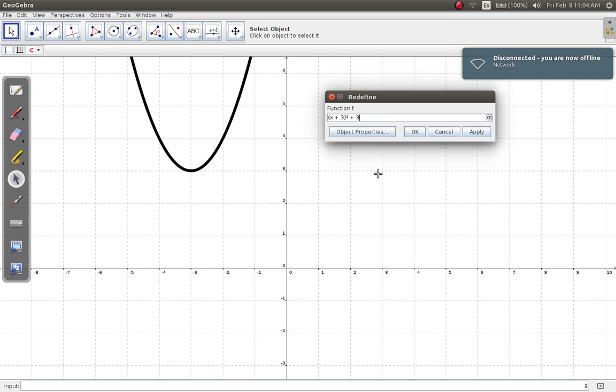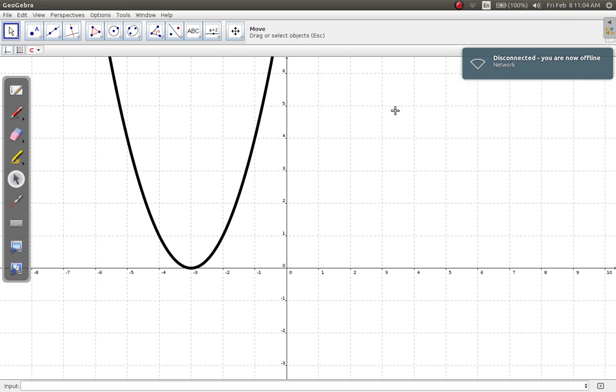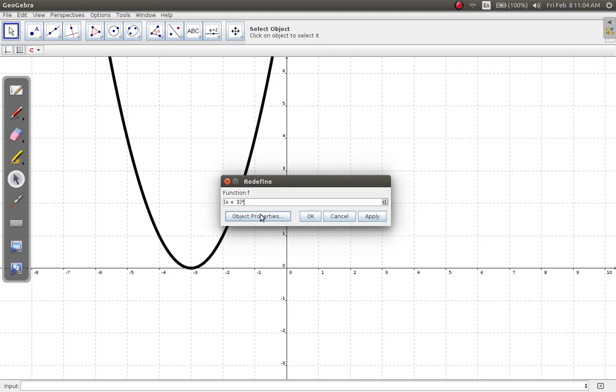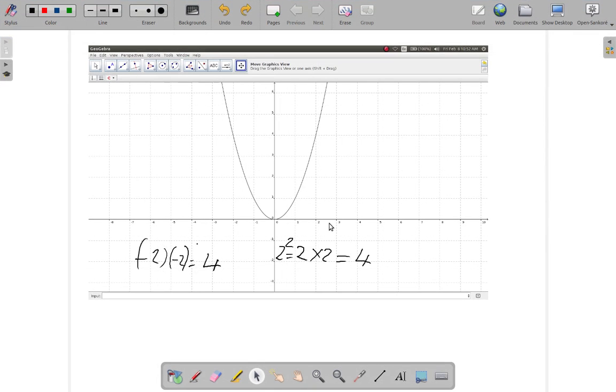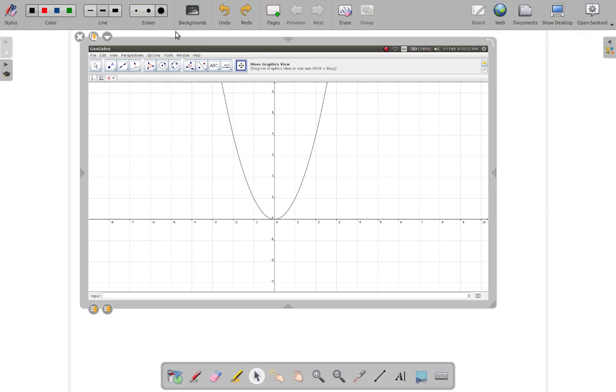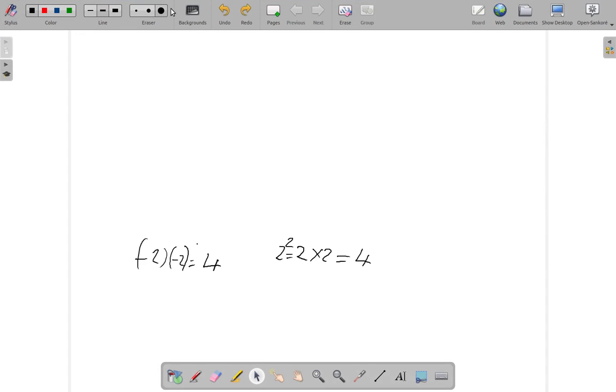Now, if you should multiply out x plus 3 squared, let's go back to x plus 3 squared. This is the graph of x plus 3 squared. Let's multiply it out and see what happens.